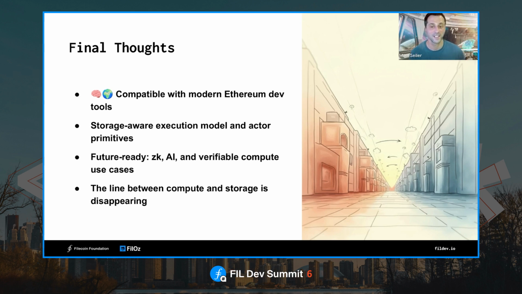Imagine trustlessly processing huge data sets with on-chain logic, or layer 2 solutions that store their proofs and data on the decentralized storage network of Filecoin. We're basically erasing the line between on-chain computation and off-chain data. And by keeping up with Ethereum's upgrades, FEVM ensures developers don't have to give up any Ethereum functionality to build here.